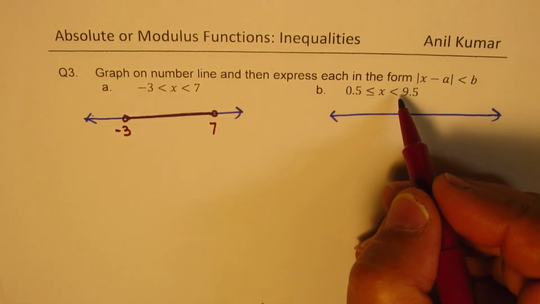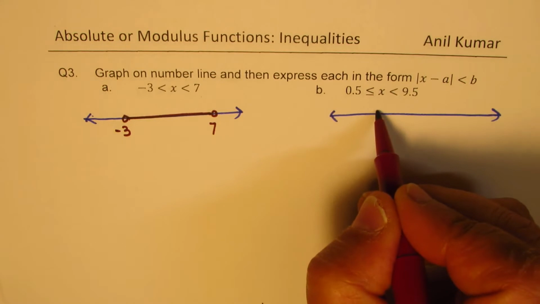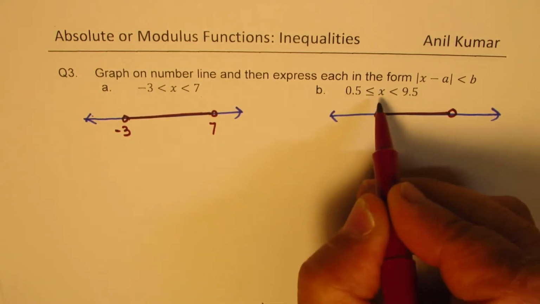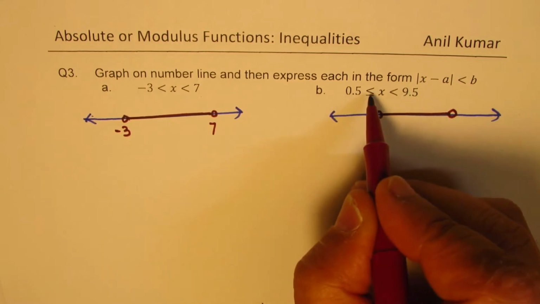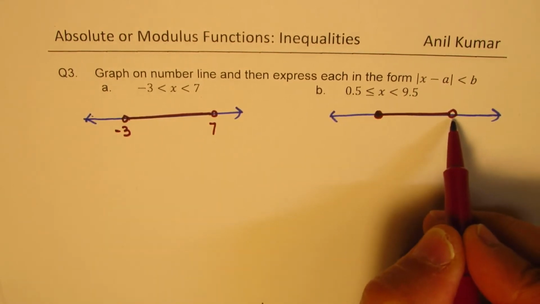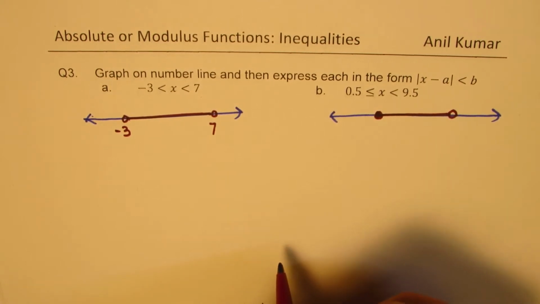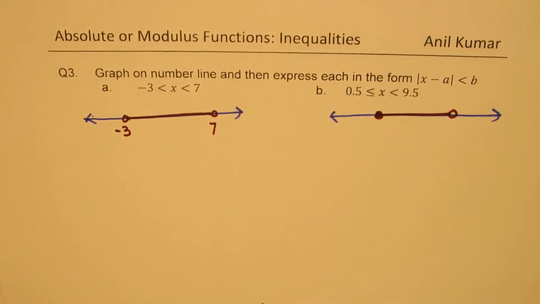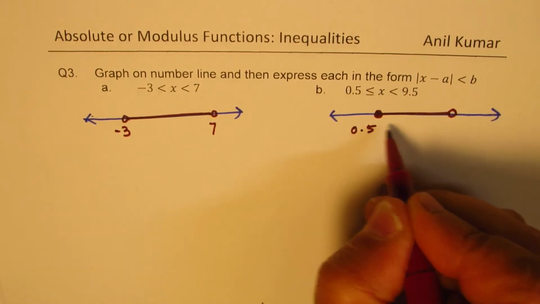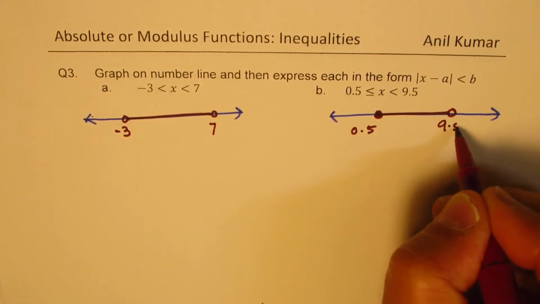Now in this particular case, we are taking two positive values which are 0.5 and 9.5, and one is included. See, this is less than or equal to, so it is filled in, but the other one is not filled in, correct? Okay, so let me write down these values here. So this one here is 0.5 and that is 9.5, right?